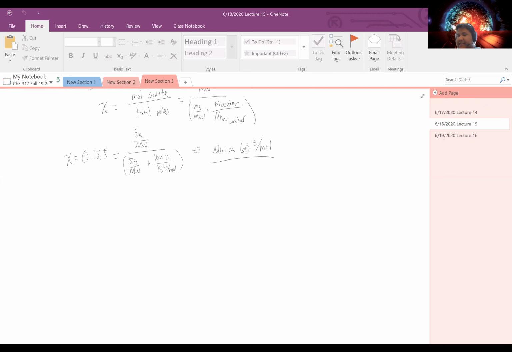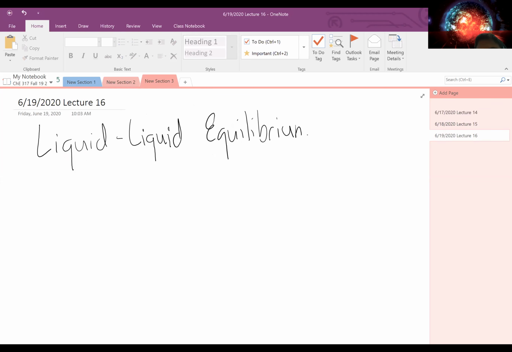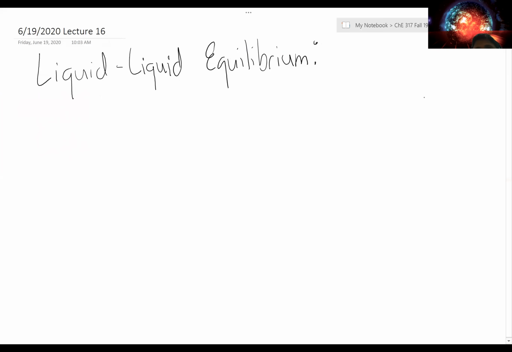So when we're looking at liquid equilibrium, a lot of how we approach these problems falls under the realm of miscibility of our liquid phases.